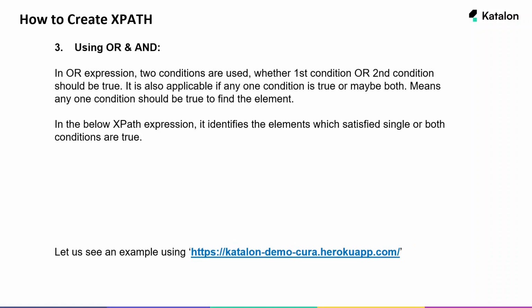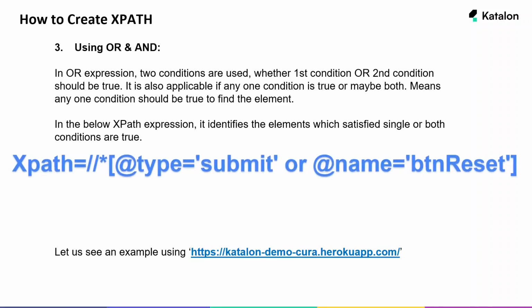Basically you use two conditions, where either the first condition or the second condition should be true. It is also applicable if any one condition is true, or maybe both. So any one condition should be true to find an element on the web page. In the XPath expression below, it identifies the element for which a single condition or both conditions are true.